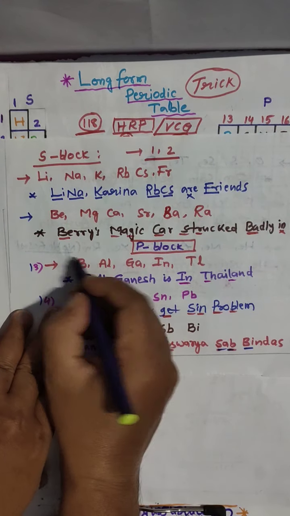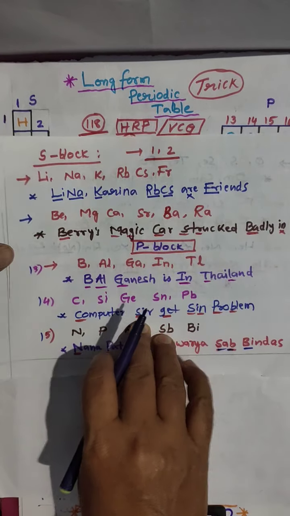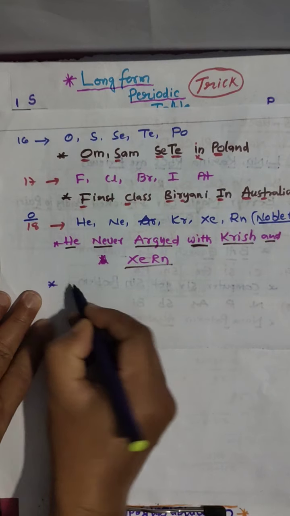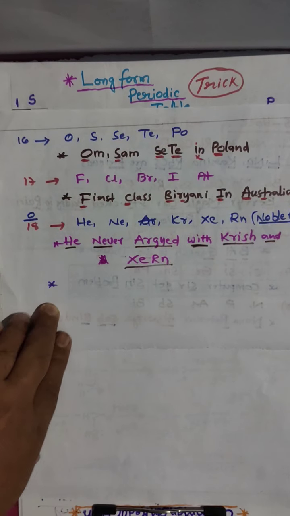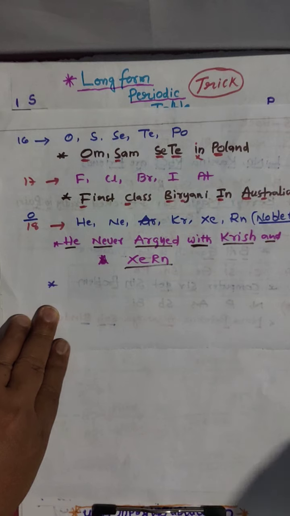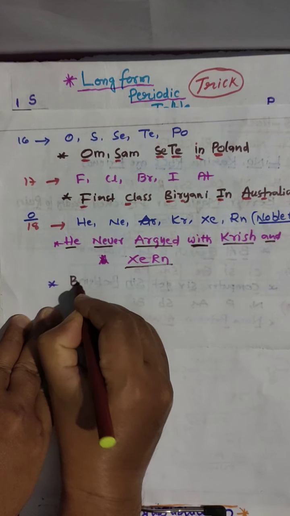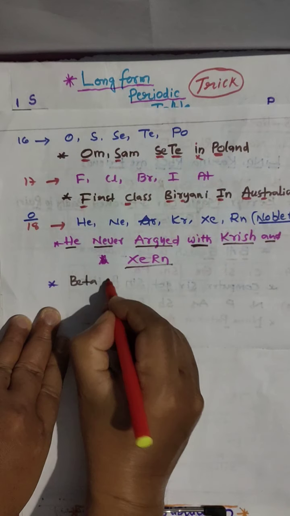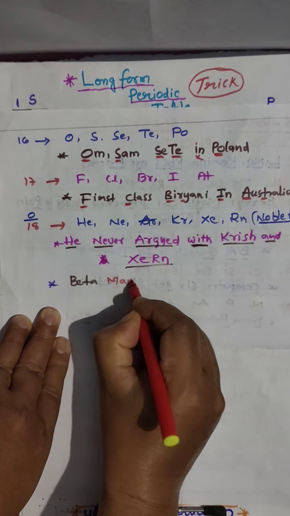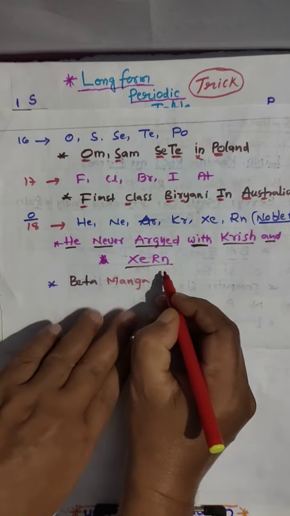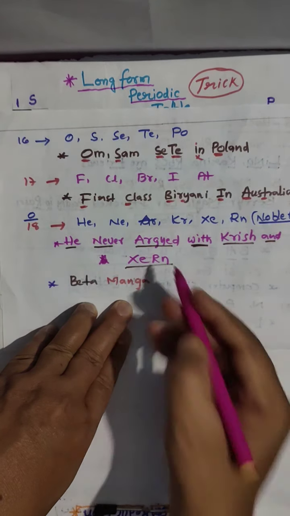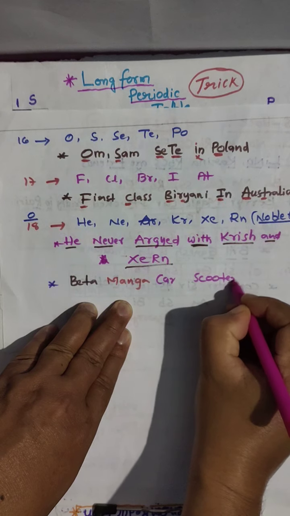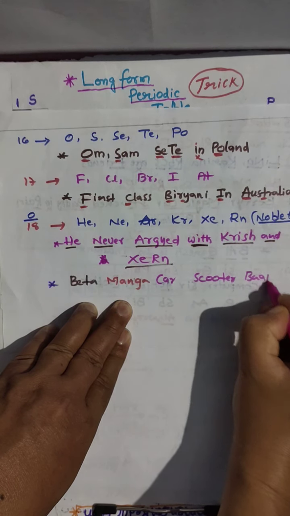That we learn as the second group, I am writing here: Beta manga car scooter Bap Razi.